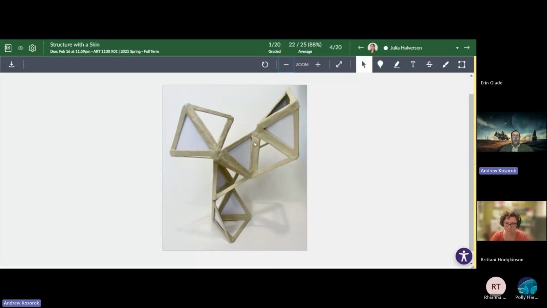Or if this was any bigger, it would fall over to the right. That's a really good observation, Polly. I like that because it gives just enough tension where you're not anxious about it so much as it engages your attention. I think that's really fascinating. So yeah, very good observation.